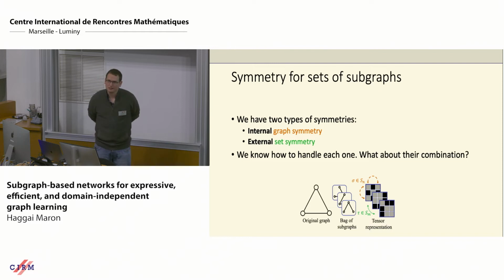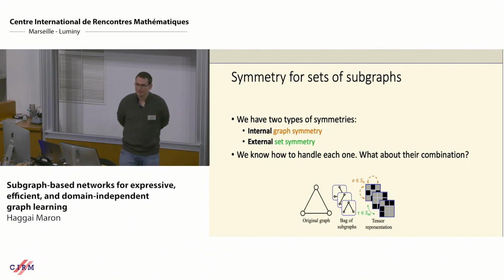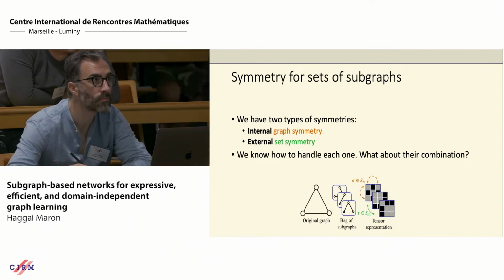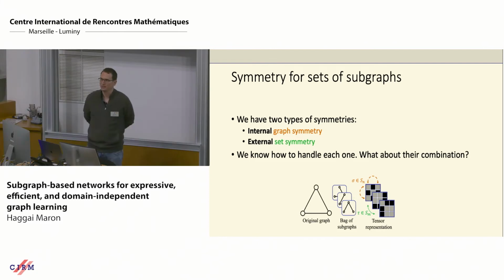And in the deep learning literature, there are ways to handle both of them. Many people work on the graph symmetries; specifically, each GNN is permutation equivariant. And many people worked on set symmetries. You may have heard of PointNet or deep sets, two pretty famous architectures that deal with this case.